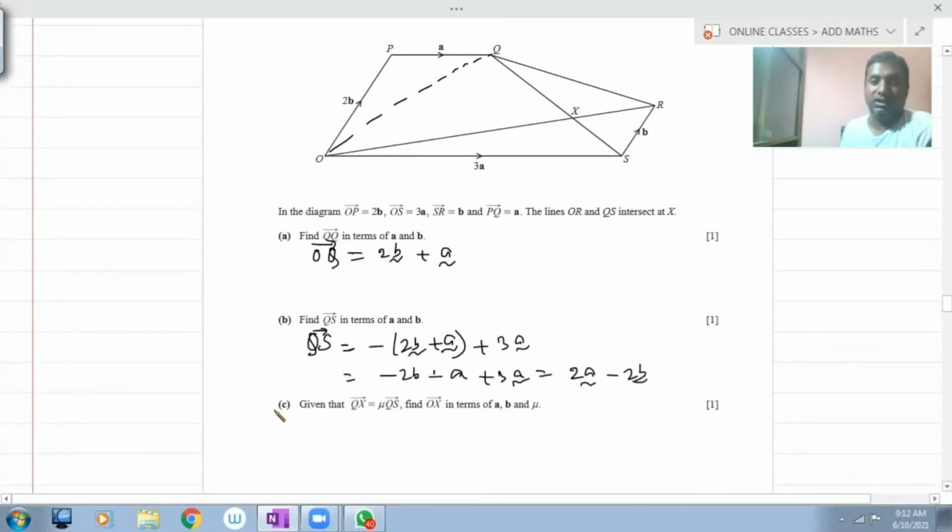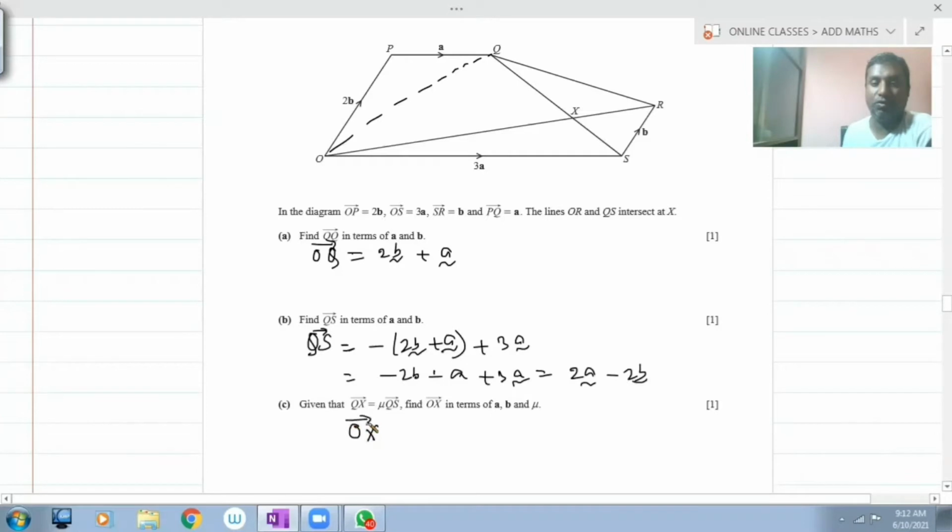Now this is question C. OX equals OQ plus QX, where QX equals mu times QS. We are finding out OX.